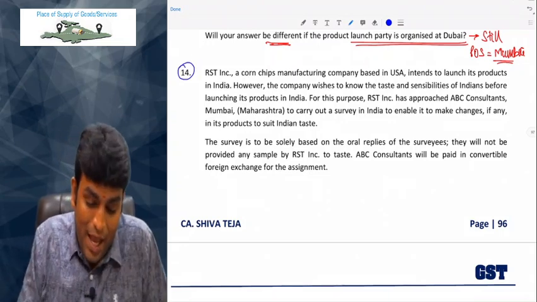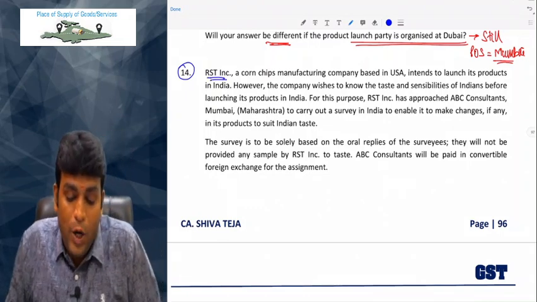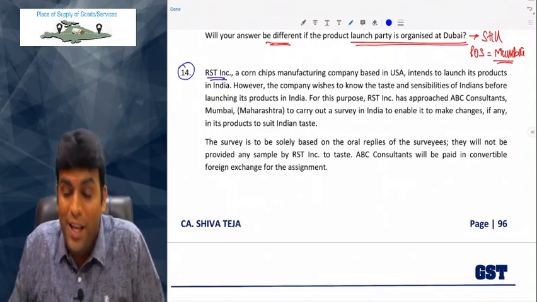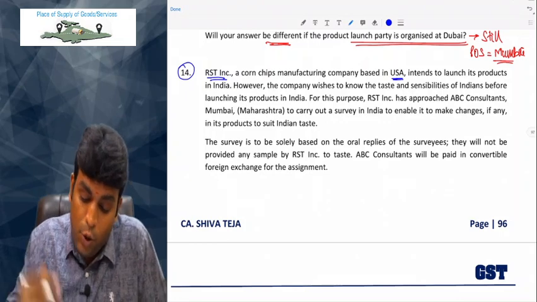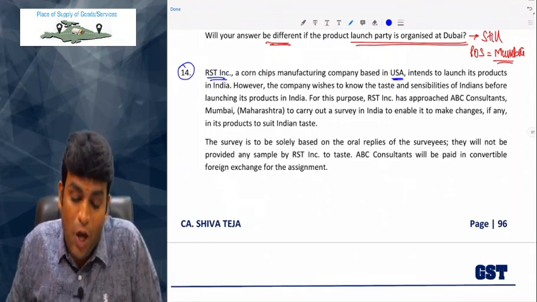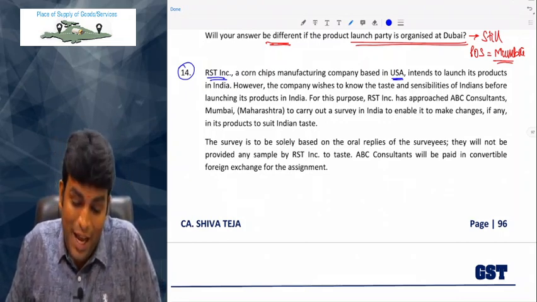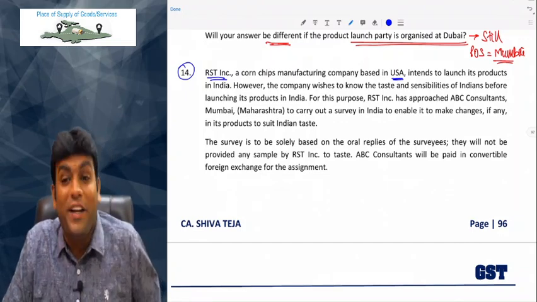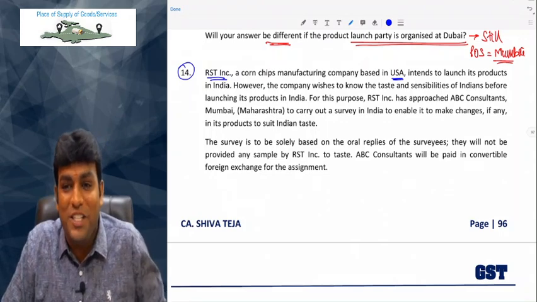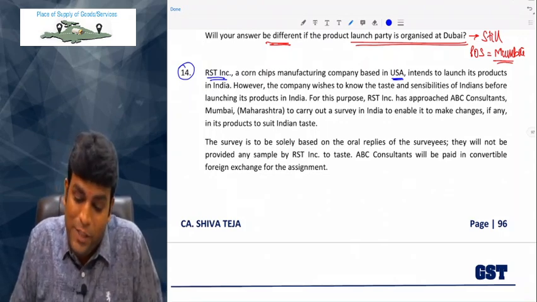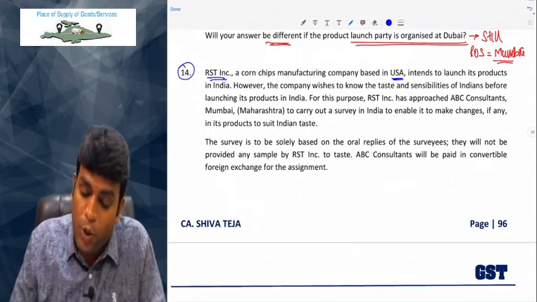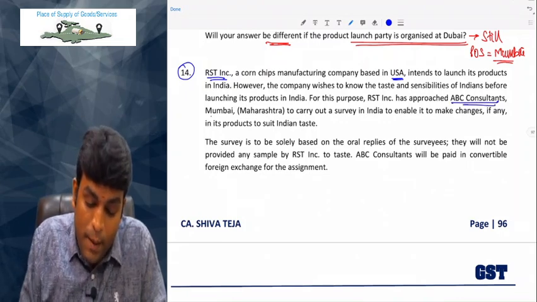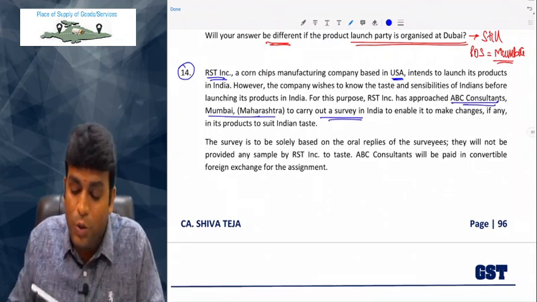RST Inc., a corn chips manufacturing company based in USA, intends to launch its products in India. However, the company wishes to know the taste and sensibilities of Indians before launching its products in India. For this purpose, RST Inc. has approached ABC Consultants, Mumbai, Maharashtra, to carry out a survey.